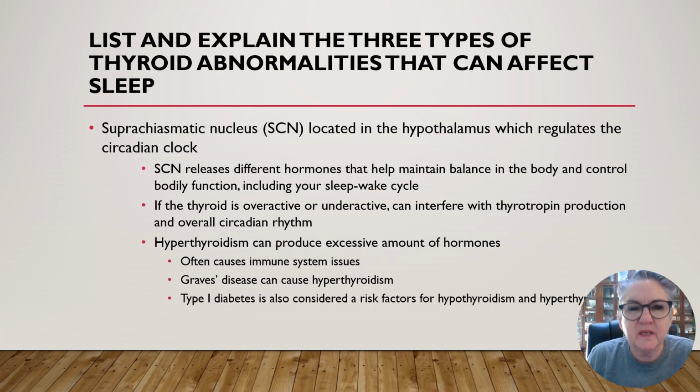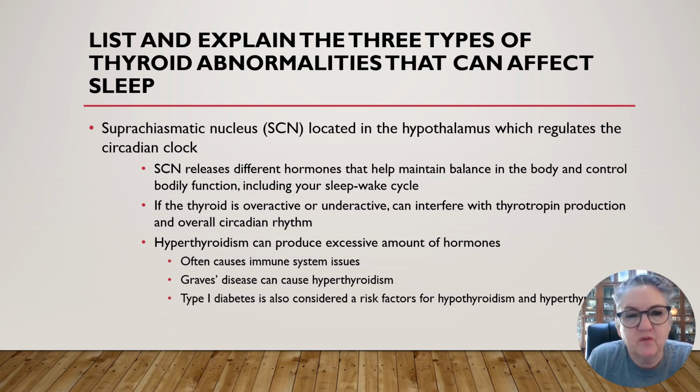The suprachiasmatic nucleus, the SCN, is located in the hypothalamus, which regulates the circadian clock. The suprachiasmatic nucleus releases hormones that help maintain balance in the body and control bodily functions, including your sleep-wake cycle.